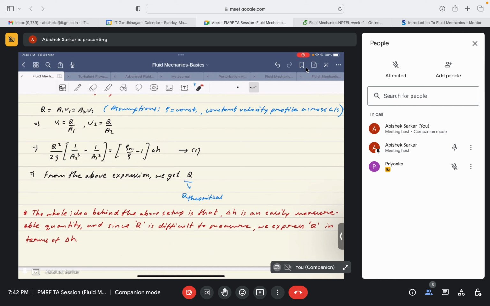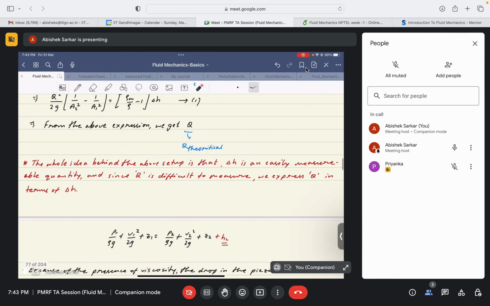But since we cannot neglect that, since we cannot disregard the effect of viscosity, since this is beyond our hand, this will definitely go up and give a value of mass flow rate that is actually higher than the actual mass flow rate.